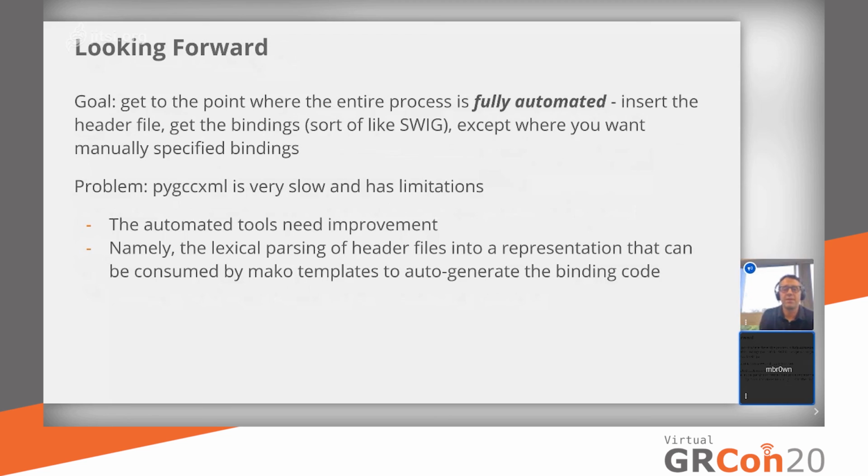So this is our call for help. If you're interested in helping to make the workflow smoother and automating this, and you have ideas, speak up, jump in. Help is always wanted on this. PyGCCXML, we're using it to do the lexical parsing of the header files.